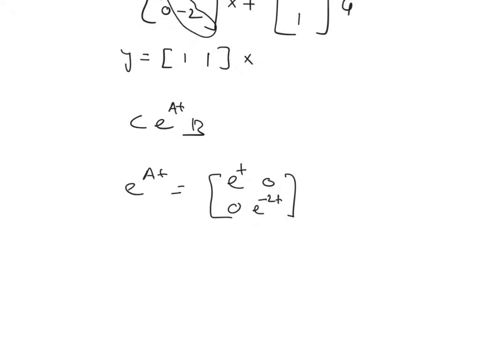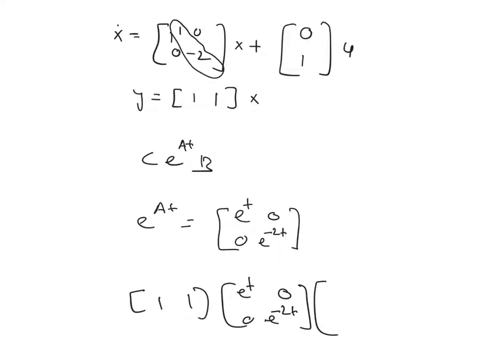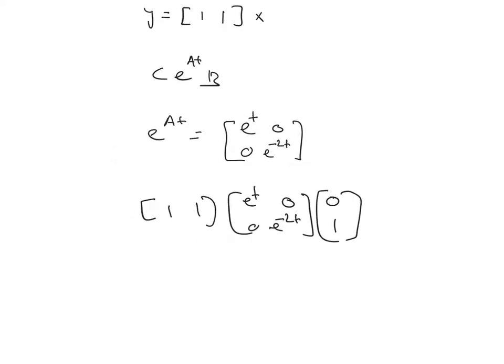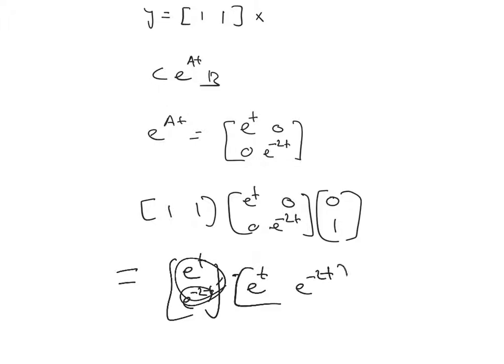And when we multiply C to it, it is [1 1] times [e^t 0; 0 e^(-2t)], and then times [0; 1]. So 1 1 means you add things, so it becomes [e^t, e^(-2t)] times [0; 1], and the answer is e to the power minus 2t.